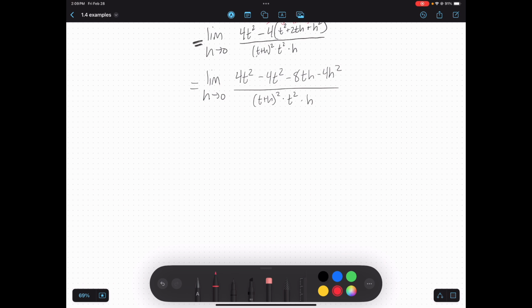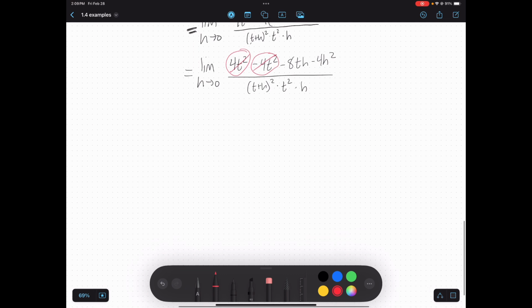And you'll notice 4t squared minus 4t squared, so I have terms that will cancel again. And when those cancel, in the numerator, I now have negative 8th minus 4h squared over t plus h squared times t squared times h.